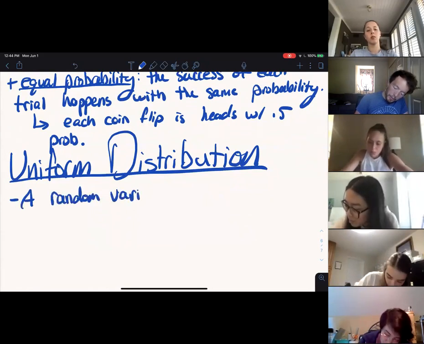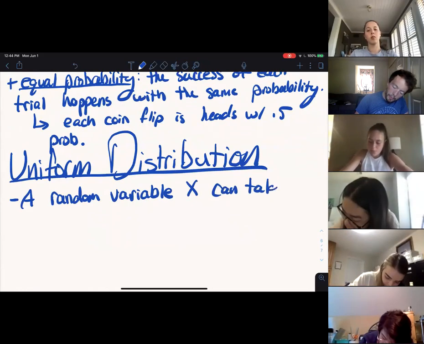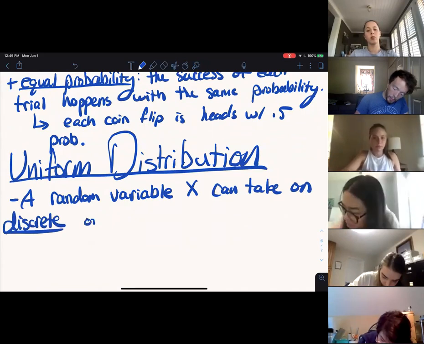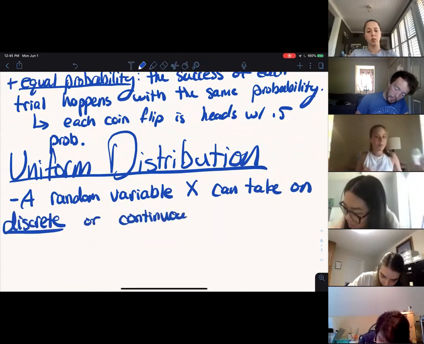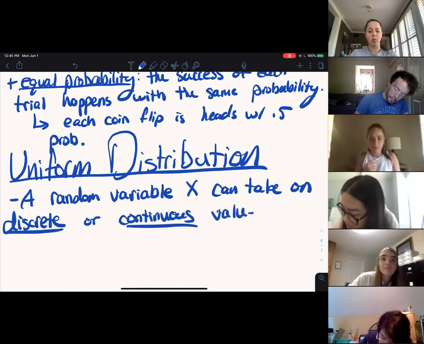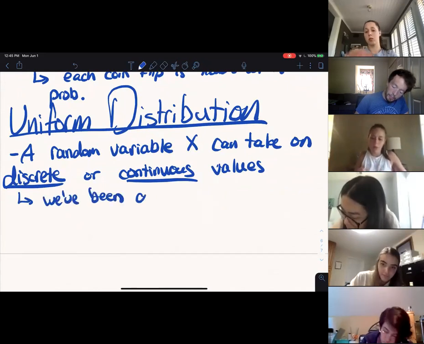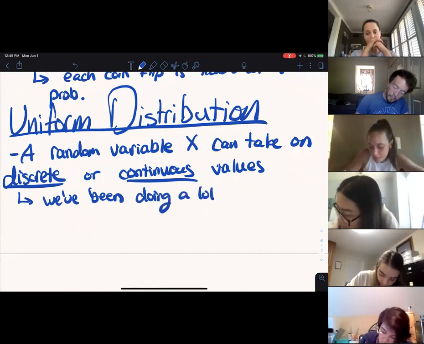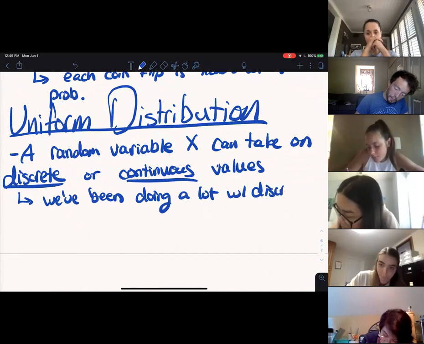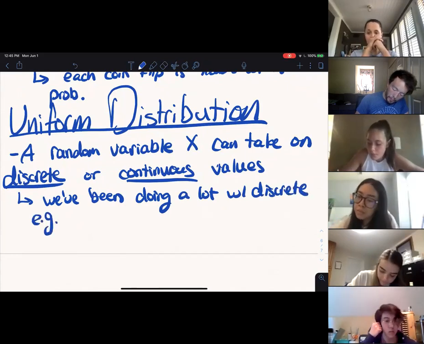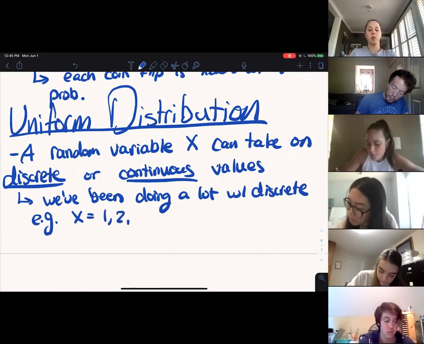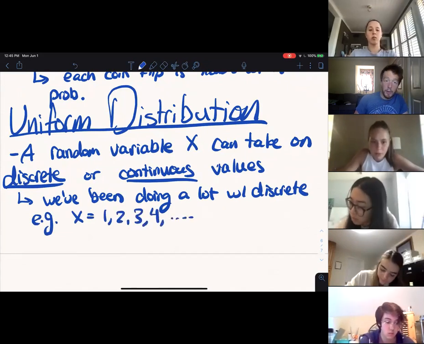A random variable x can take on discrete or continuous values. We've been doing a lot with discrete, which are when x can be equal to 1, 2, 3, 4, etc.